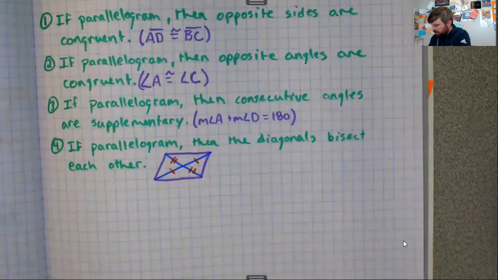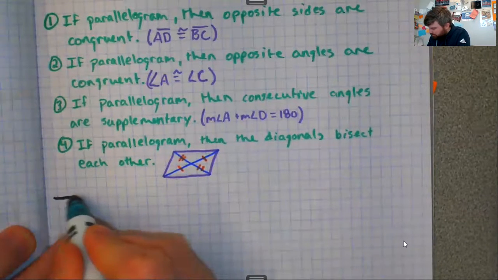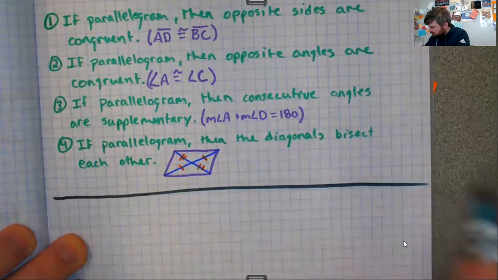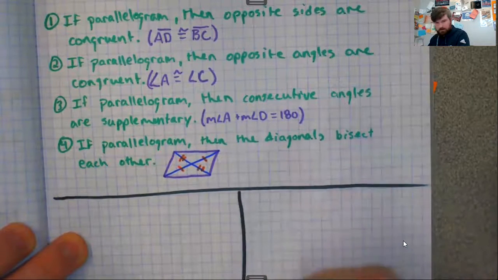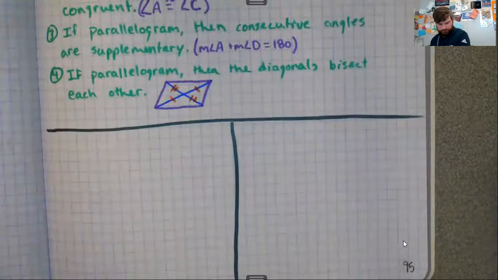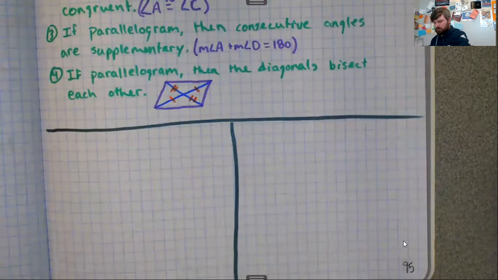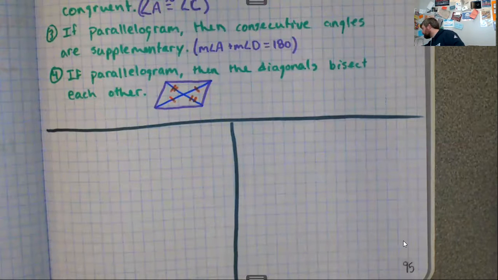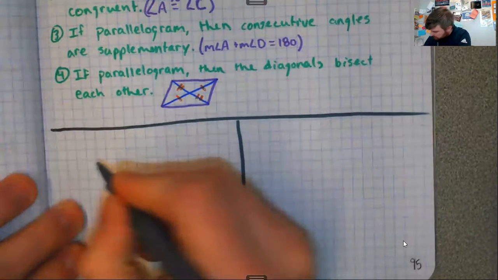I'm going to do 2 examples of using these properties. So we're going to just take the bottom and split it in half here. Okay. And draw a picture.